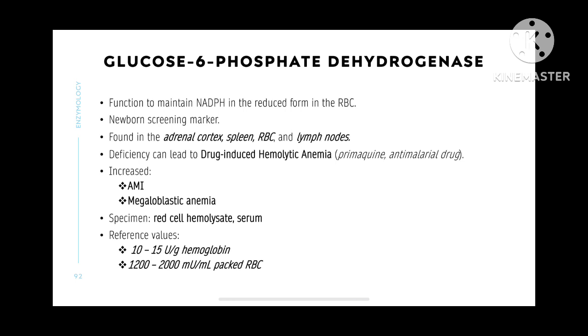Most of the research interest in G6PD focuses on its role in the erythrocytes. Here, it functions to maintain NADPH in its reduced form. And an adequate concentration of NADPH is required to regenerate sulfhydryl-containing proteins such as glutathione from the oxidized to its reduced state. Glutathione in the reduced form in turn protects the hemoglobin inside the red blood cells from oxidation by agents that may be present in the cell.